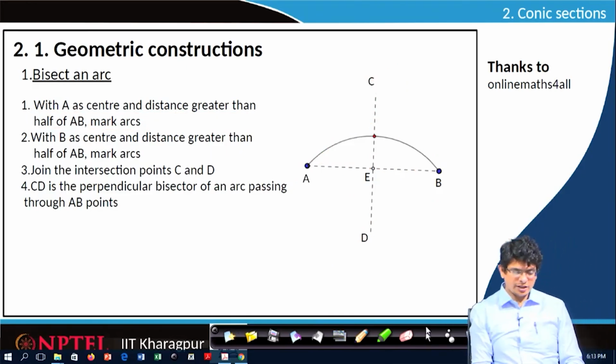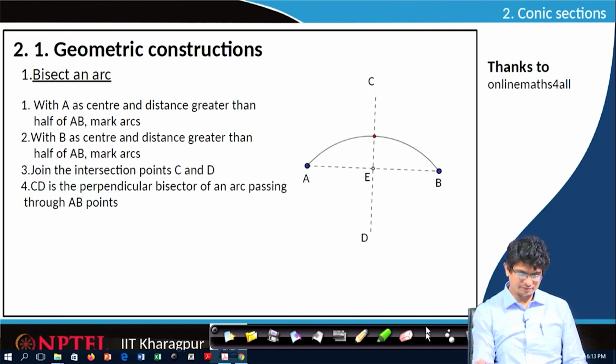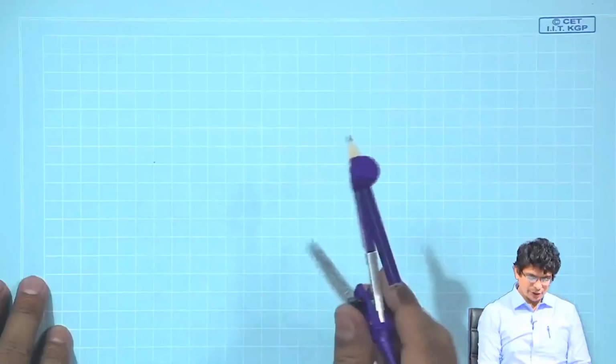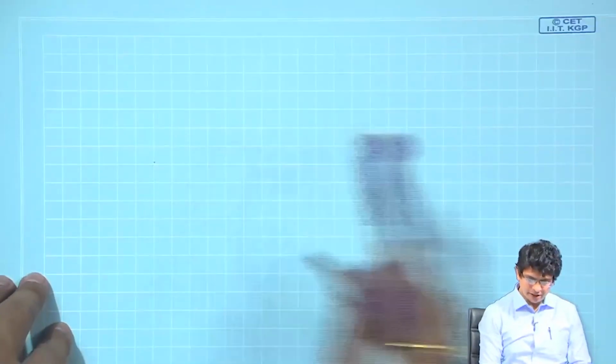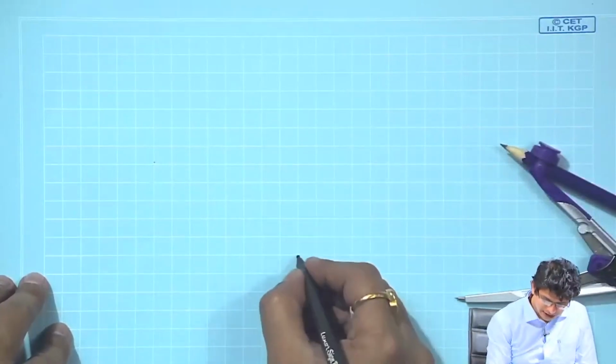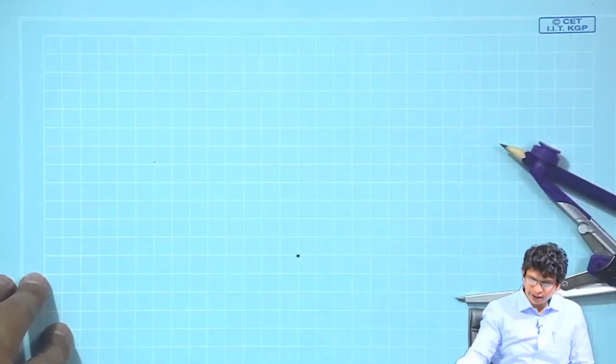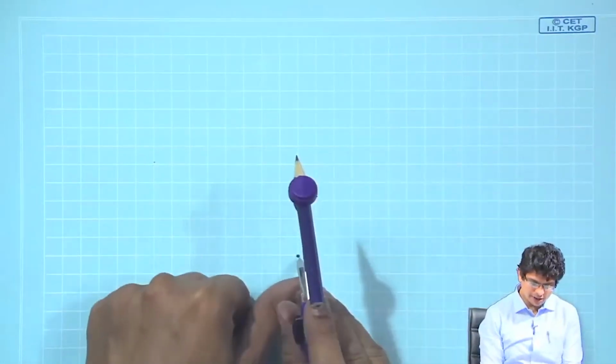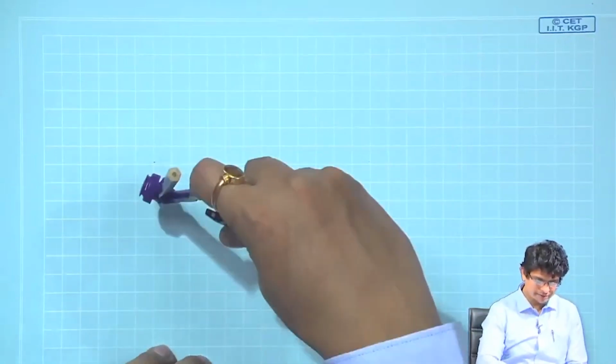Let us look at it on the graph sheet. Now, we are going to pick an arbitrary point. We are going to construct an arbitrary arc.